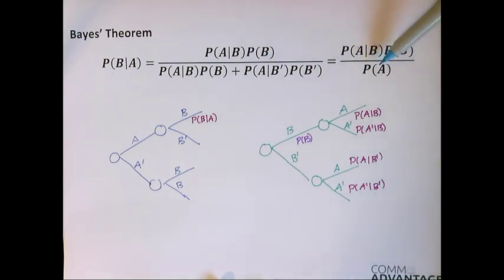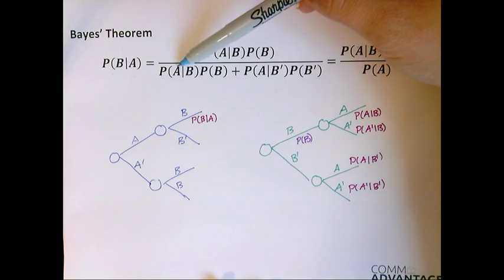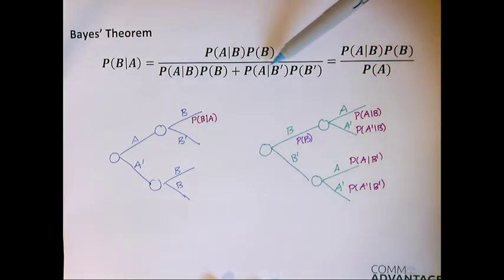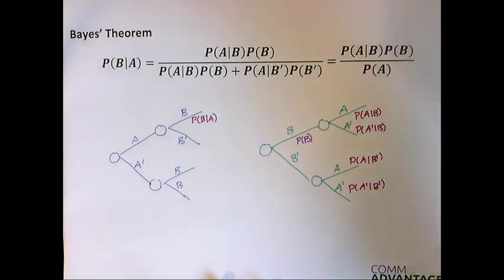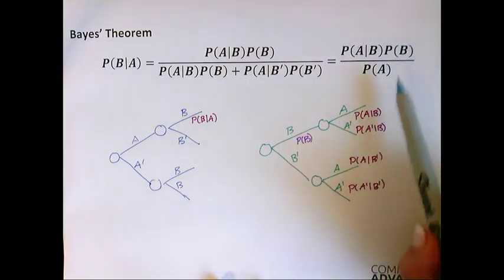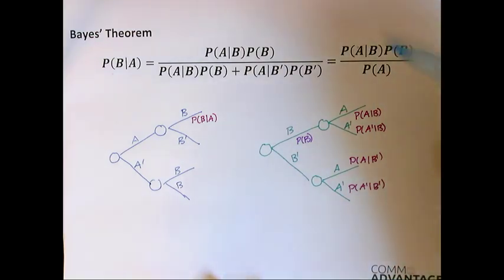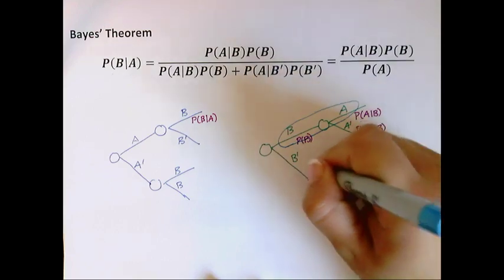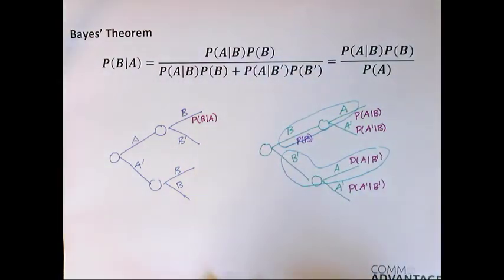The probability of A is equal to the probability of A given B times the probability of B, plus the probability of A given not B times the probability of not B. Again, big formula, but what we're really doing there is multiplying the two sets of branches that contain A. So we'd be multiplying these two here and these two here and adding them up, and that's going to give us the probability of A, which is just what that denominator is.